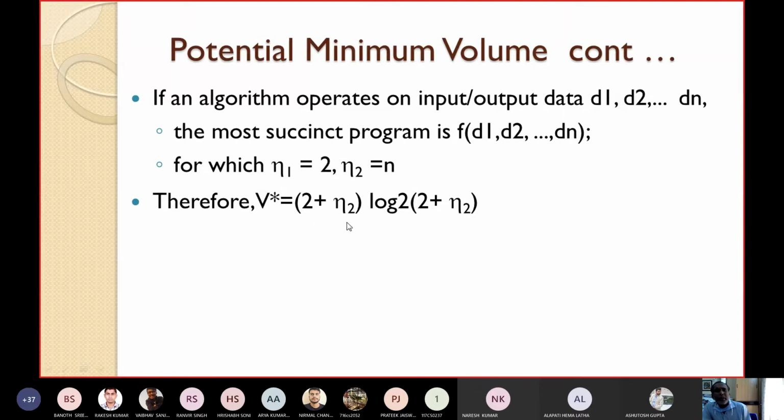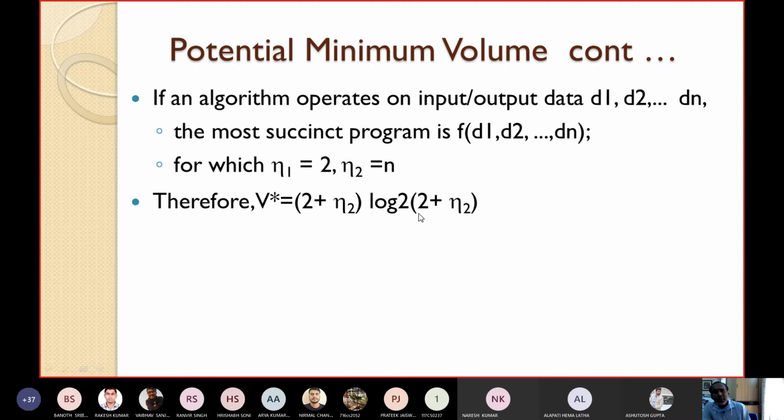So capital N is equal to eta. Therefore V star is equal to N into log 2 eta, and in place of N we can put 2 plus n2 from the above expression, into log 2 of eta, which again means eta 1 plus eta 2, that is 2 plus n2. In that way, we have found the potential minimum volume.